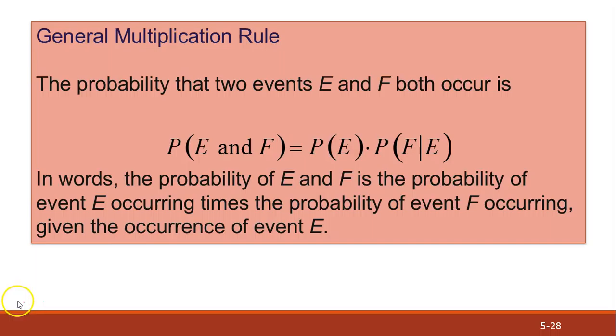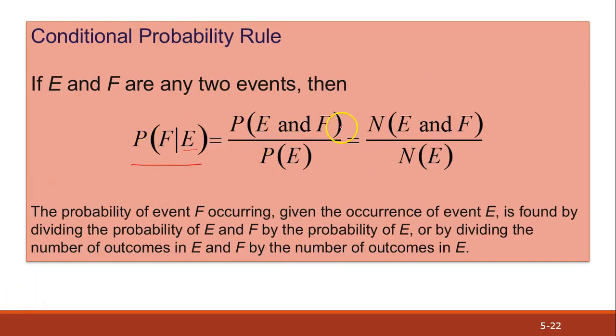The same probabilities are all being used, except to find the probability of E and F, we just multiply both sides by this value right here, and we get our general multiplication rule. So not much is changing, just the way the equation is set up.